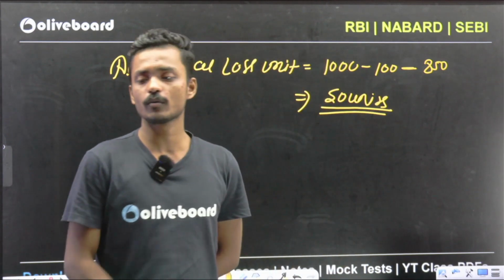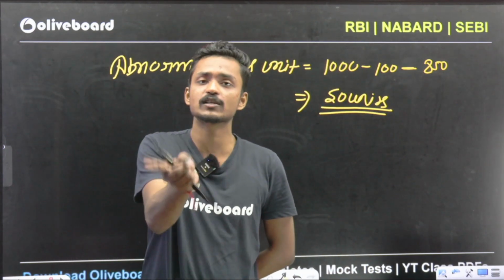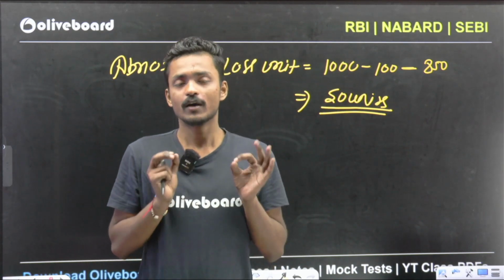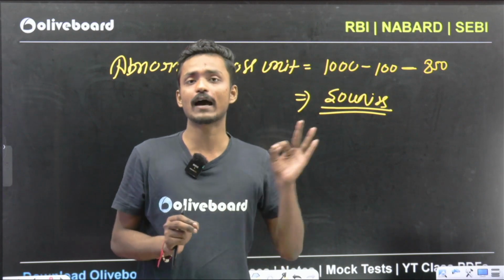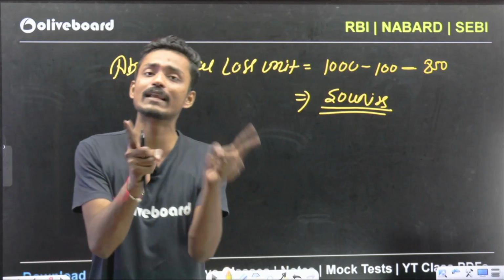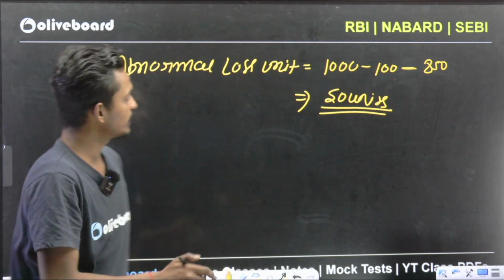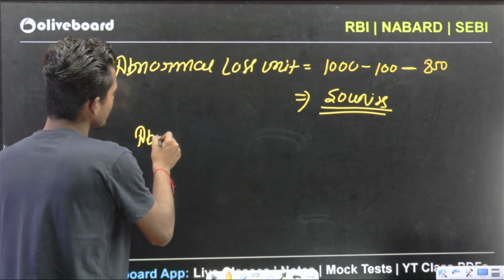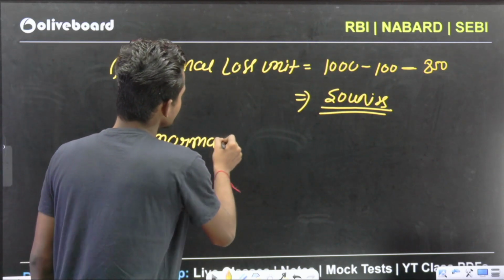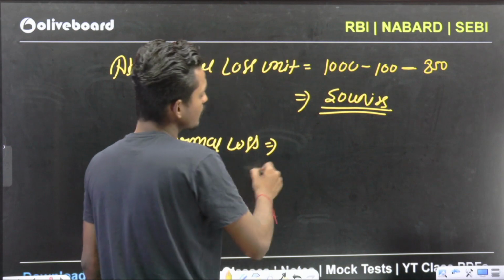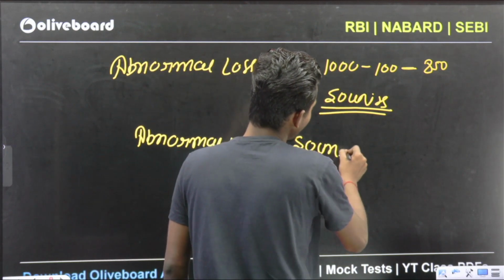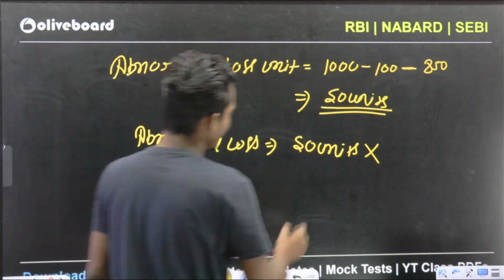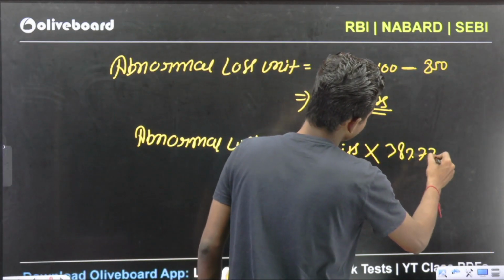So please keep in your mind always, costing as per AS 2, Accounting Standard 2, we have to value the stock, or the abnormal loss unit or normal loss unit, only at the cost per unit. So when I am valuing the abnormal units cost, I am talking about how much abnormal loss I have incurred. 50 units I have incurred, and the per unit cost I have is 387.77 per kg.